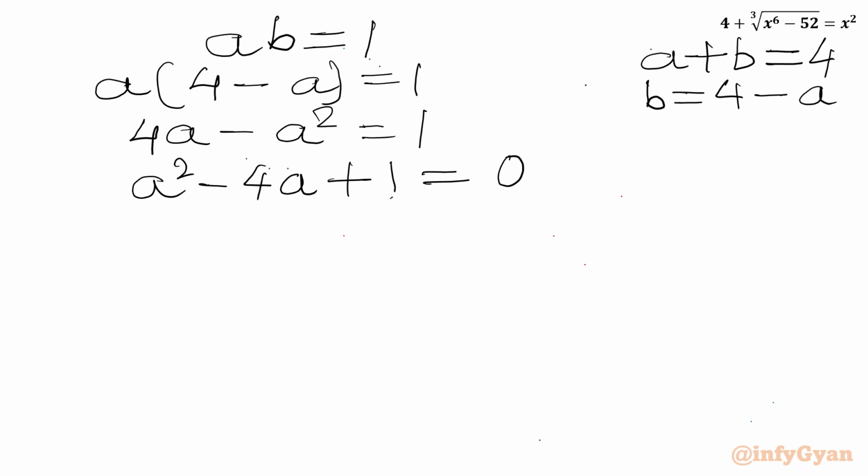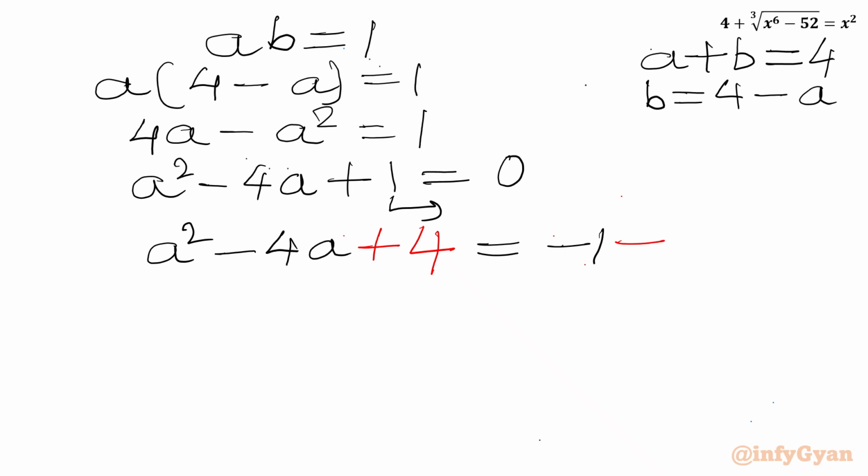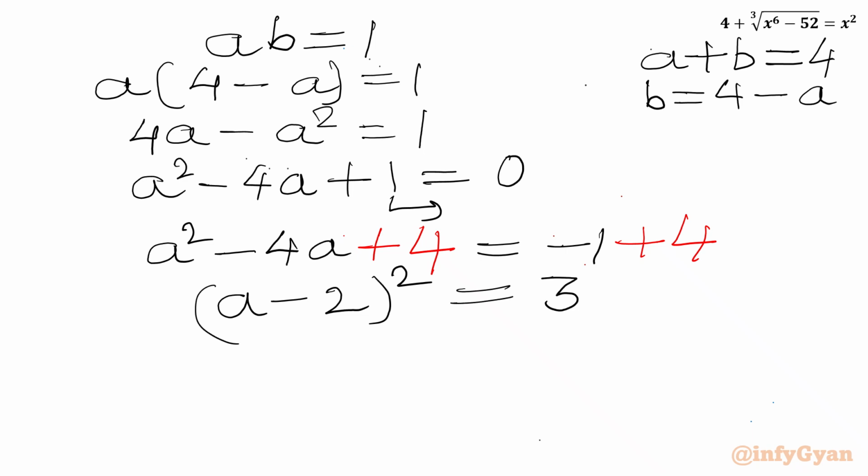Now I can take this 1 to the RHS. So I can write a square minus 4a equal to minus 1. Now we will use completing the square method. So I will add 4 to both sides. 4 here, 4 this side also. So LHS will give us one perfect square of a minus 2. And RHS will be 3.